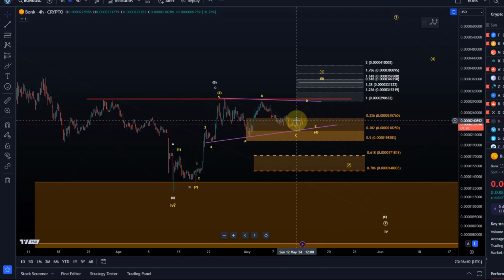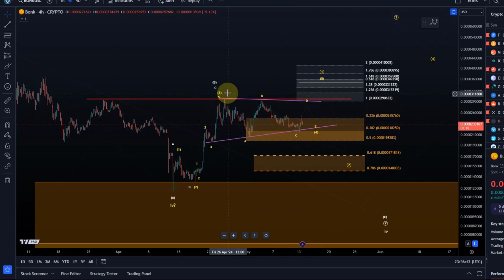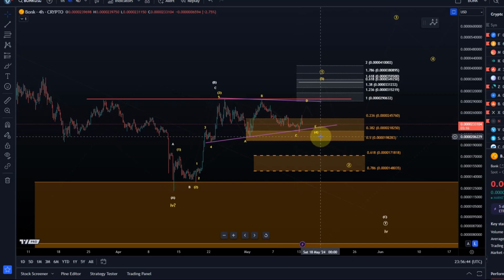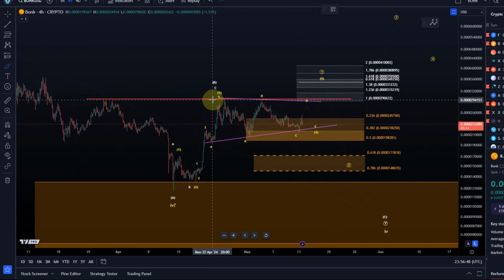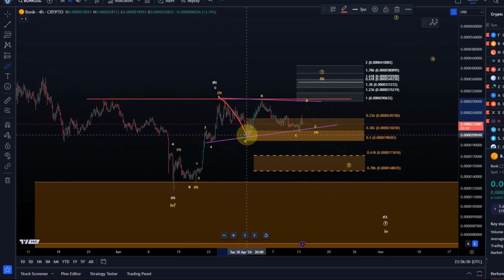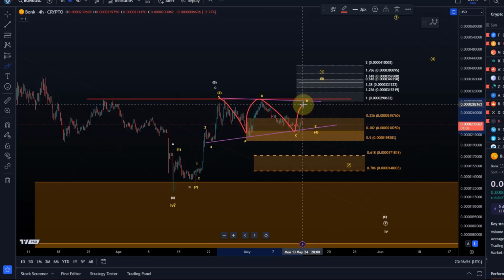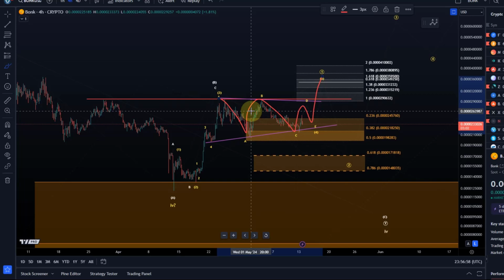But what I did do is I put onto the chart these labels for an Elliott wave triangle. An Elliott wave triangle is a 5-wave pattern, and I've labeled it here wave A, wave B, wave C, and possibly the wave D now in the making, and then one more higher low in an E wave, and then we could see potentially a bounce to the upside. That would be the ideal pathway.